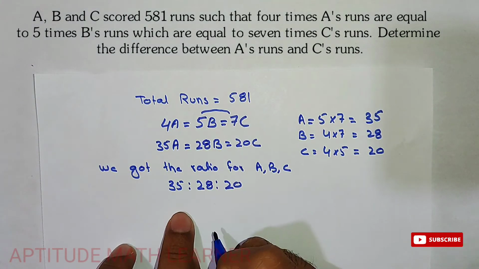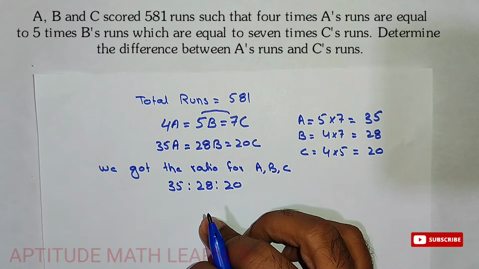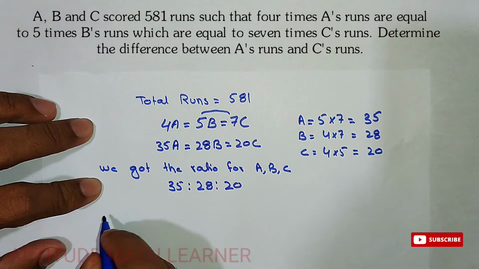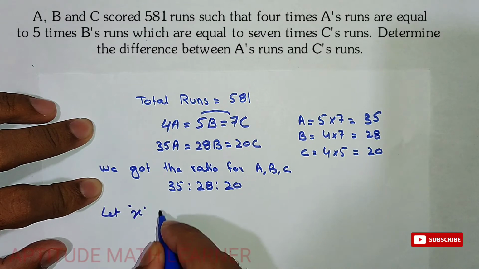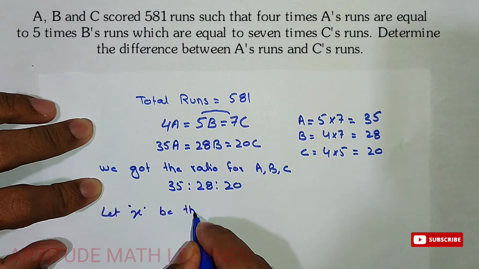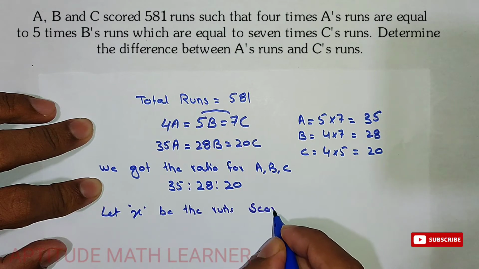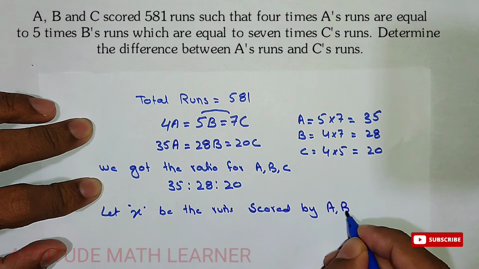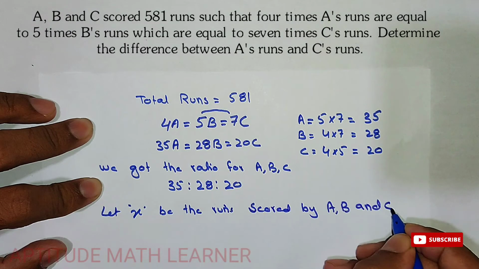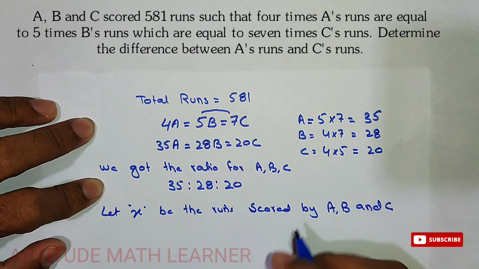To find the score by each individual, let x be the common multiple of runs scored by A, B and C. I hope you have understood this carefully.